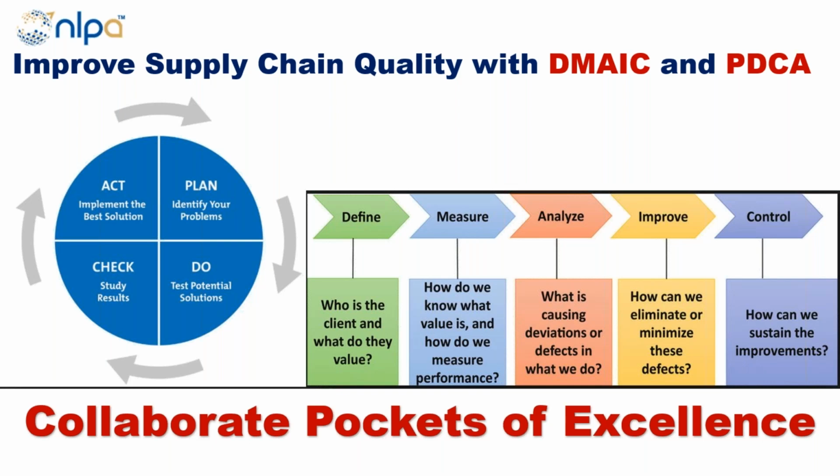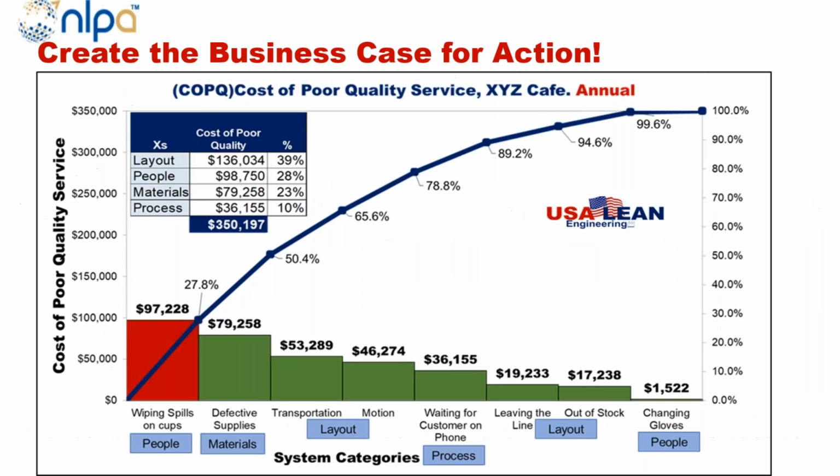And again, focus on the 20% of the processes in your supply chains that drive 80% of the issues, 80% of the defects, 80% of the cost of poor quality. Again, calculate your cost of poor quality, and there are ways of capturing those elements and share those elements upstream and downstream.